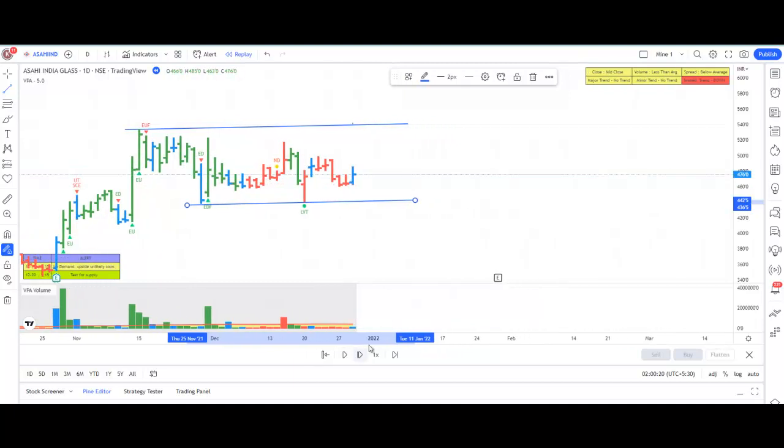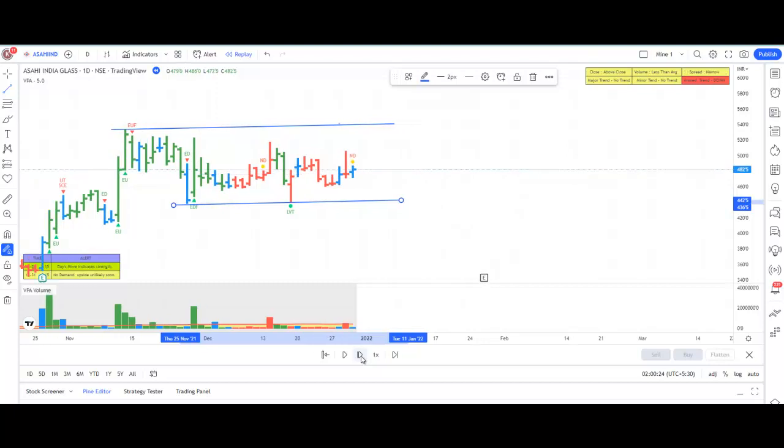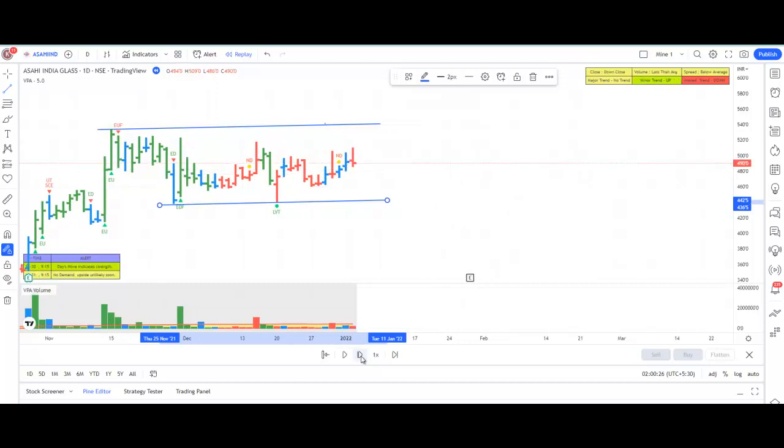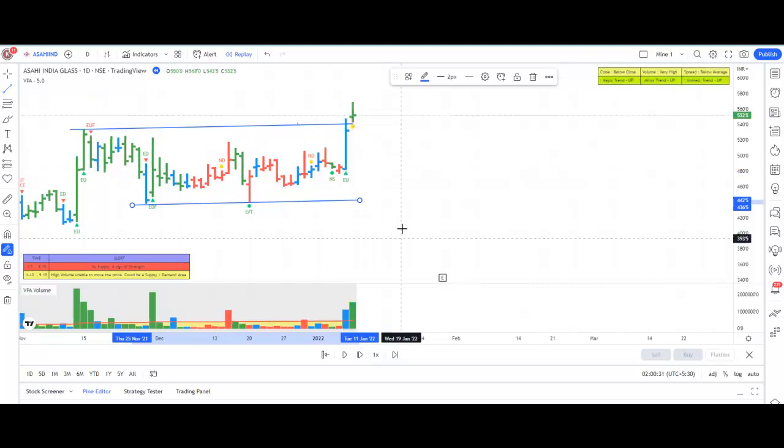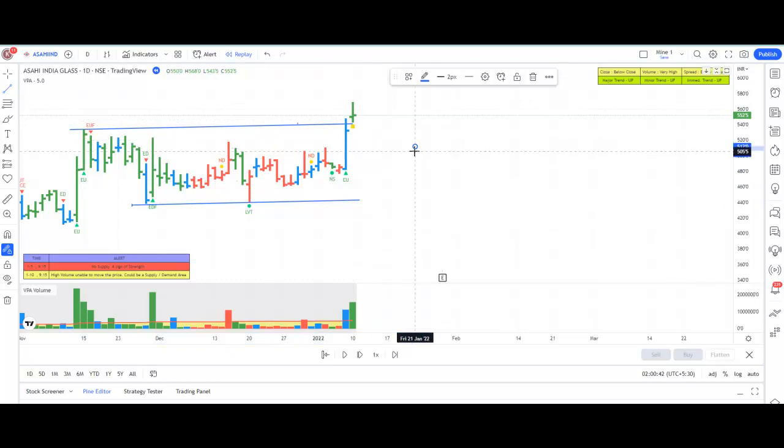So as you can see, it is moving sideways, consolidating. Now there's an effort to break above the high of this U bar here, but still there is some supply, as you can see.